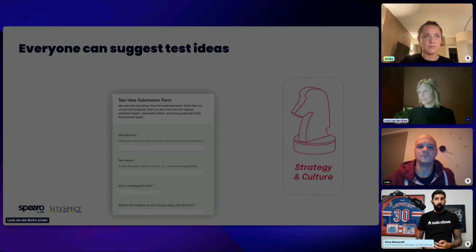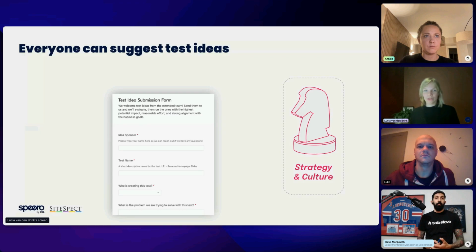A part of this is that it's very important that everyone has the chance to suggest test ideas. So often you see in experimentation maturity that it's about democratizing data, but also the ability to test, or to have an idea that can become an A/B test.